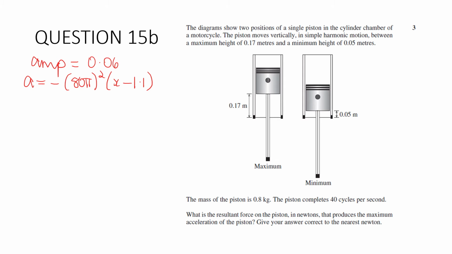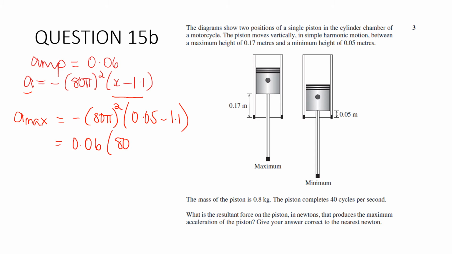Now we're looking for maximum acceleration, and that's going to occur when this is equal to the least it can be. So we want x to be 0.05. So a max is going to happen here. 0.05 take away 1.1, which is equal to 0.06 times (80 pi) all squared.